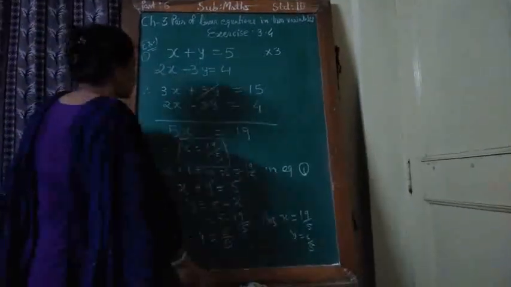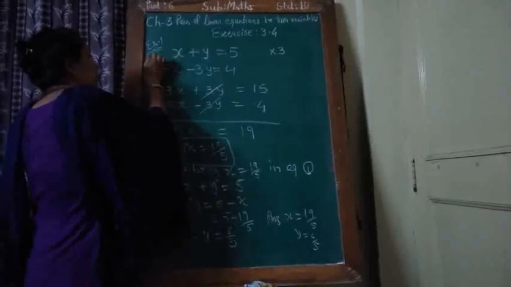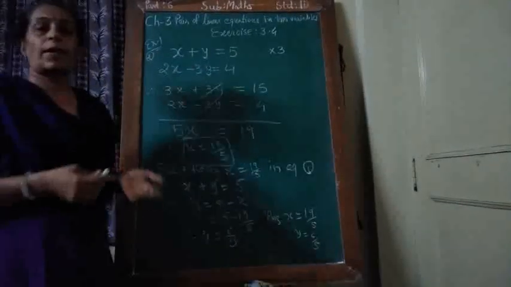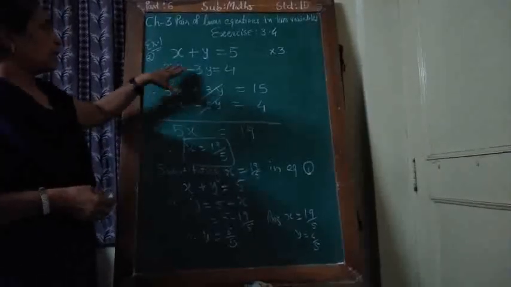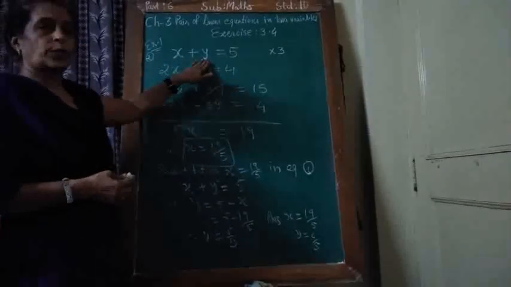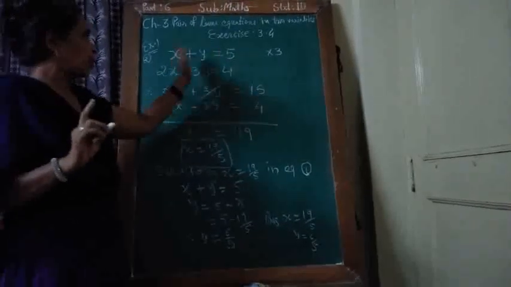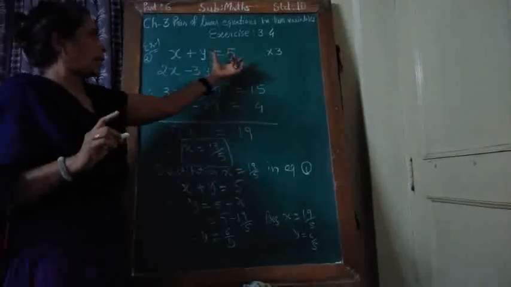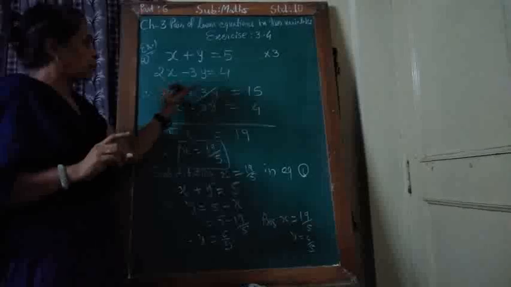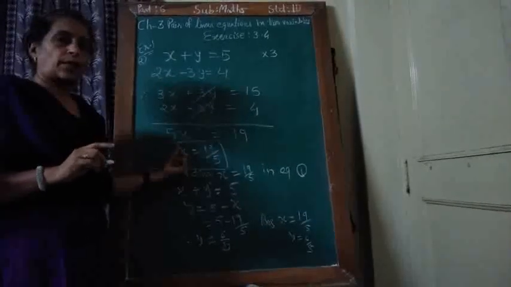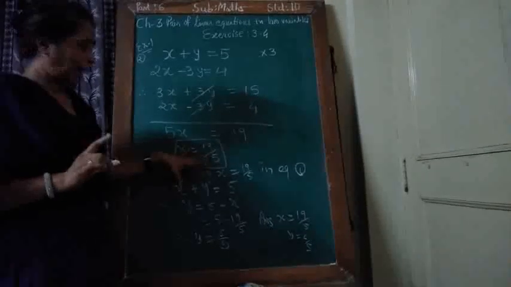Elimination method. And in example 1 they said that you solve these equations by the elimination method as well as the substitution method. So in the substitution method what will you do? You get y equal to 5 minus x, and you put 5 minus x in the second equation, and if you solve this then you get the value of x, 19 upon 5.